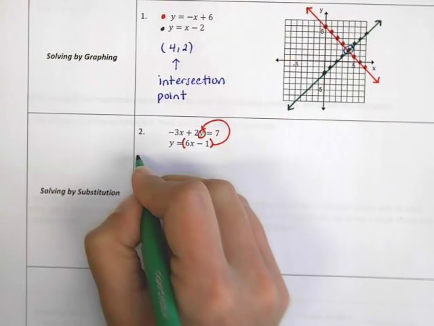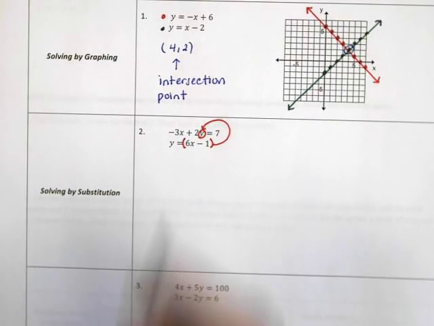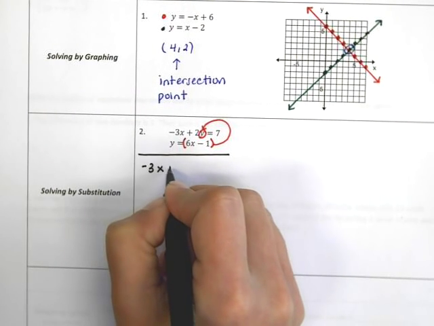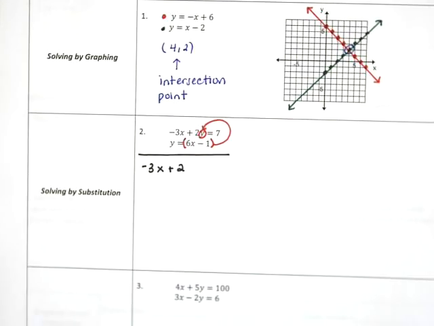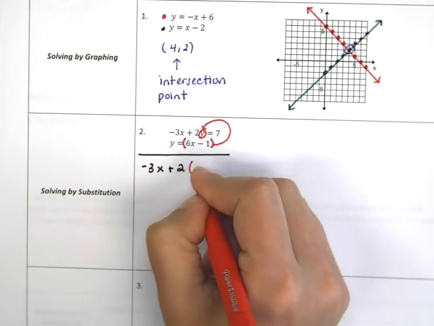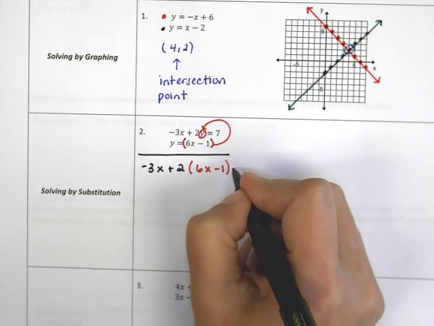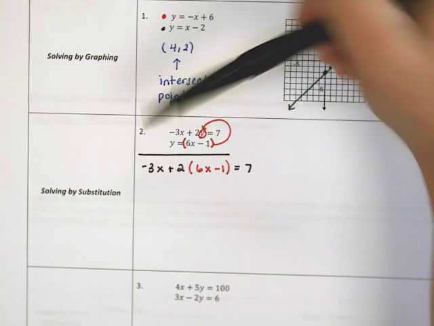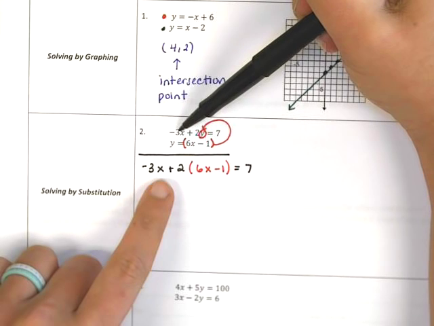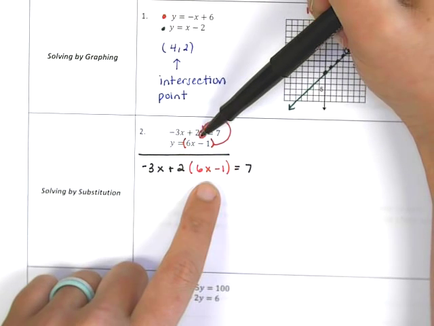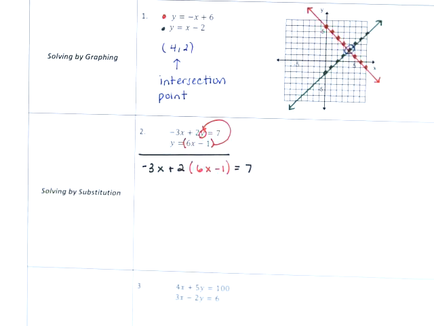So I'm going to copy the first equation: negative 3x plus 2, and instead of the y, I'm going to write parentheses 6x minus 1, and then copy the equals 7. I'm leaving everything the same; the only thing I'm changing is the y becomes 6x minus 1.